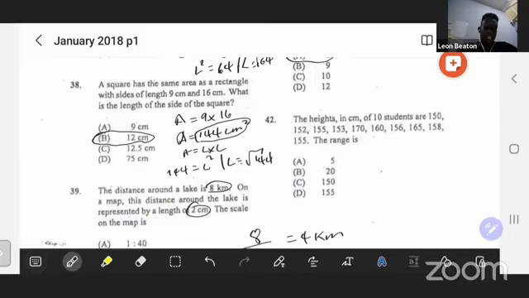The tallest height here is 170, and we subtract the shortest height, which is 150. So 170 minus 150 is 20. So the range is 20.